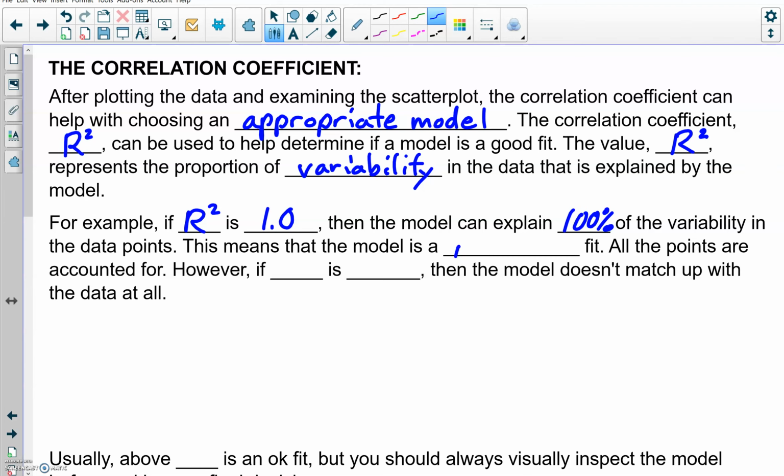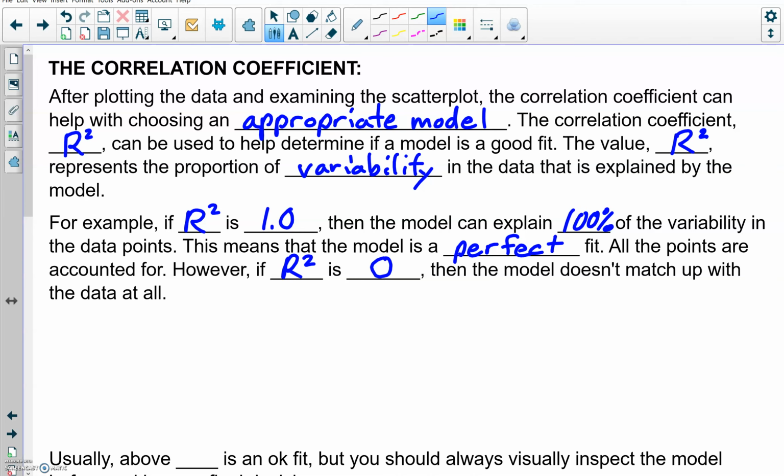And it's a perfect fit. So all of the variability that you see from going point to point to point can be explained by the model. The model will predict it perfectly. Now, however, if r squared is 0, the lowest value you can get, then the model doesn't match up with the data at all.